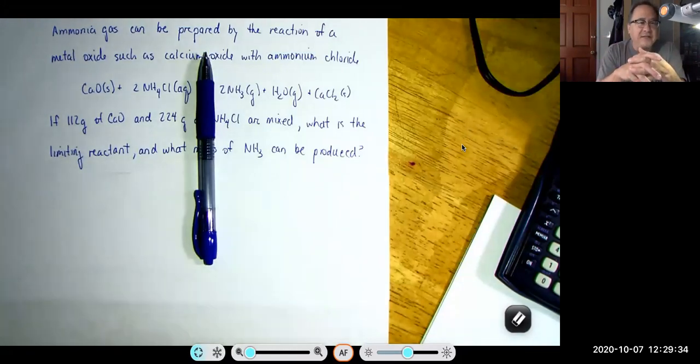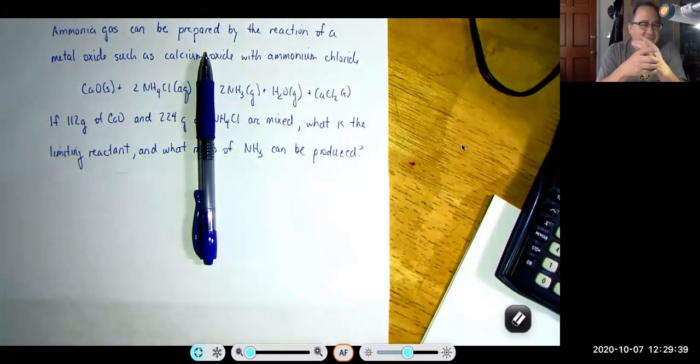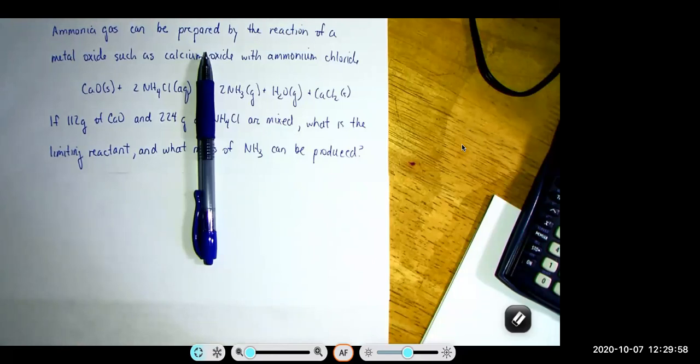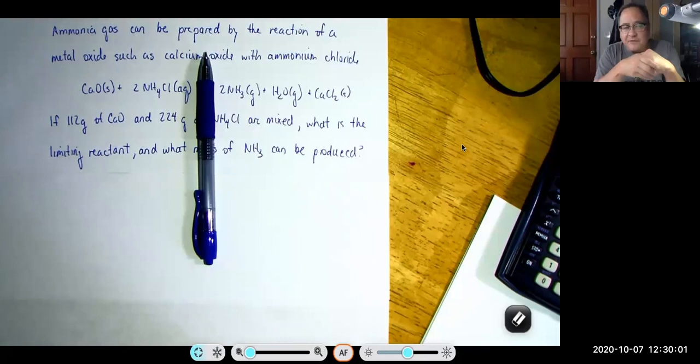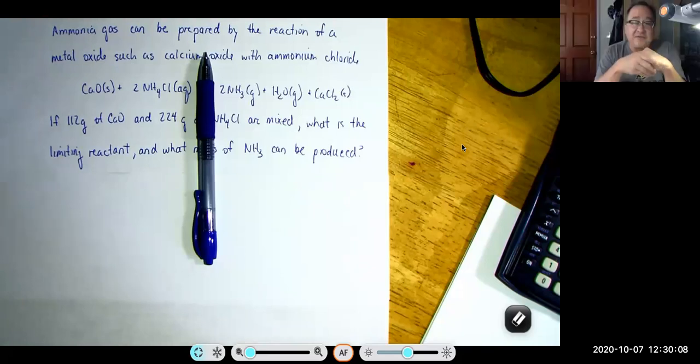Let's say you're building a bicycle. We've talked about this one before, right? If you're building a bicycle and you have 2 bike frames and 10 wheels, how many bikes are you going to be able to build? 2 bikes, because you use up the frames, and only 4 wheels, and you have 6 left over.